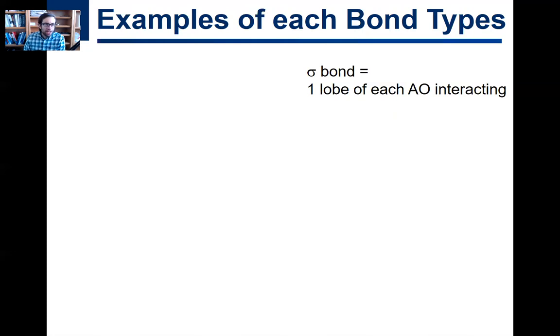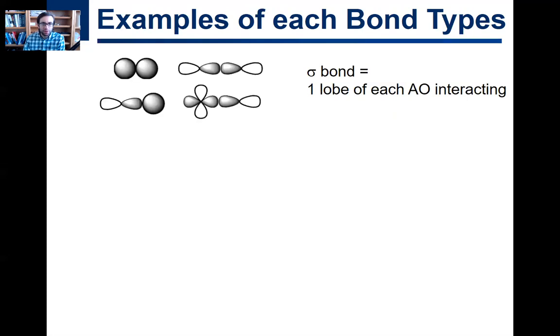But that's not the definition of a pi bond. You can have pi bonds with d orbitals, with f orbitals. You can have pi bonds between a p and a d, for example. And you can have a sigma bond with a p, or with other orbitals as well.